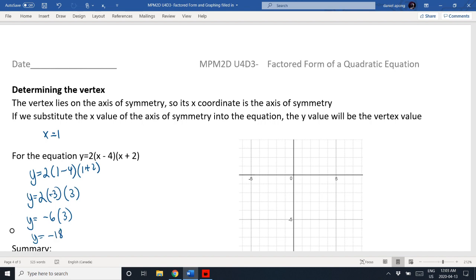So our coordinate of our vertex is equal to 1, negative 18. So when our x value is 1, our y coordinate will be negative 18.